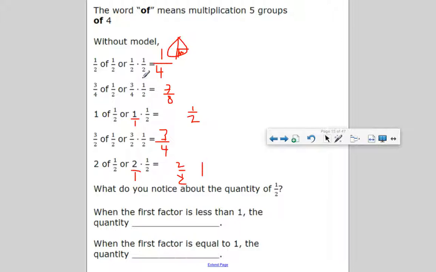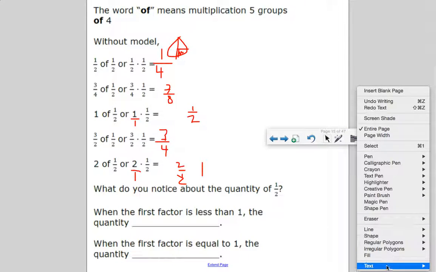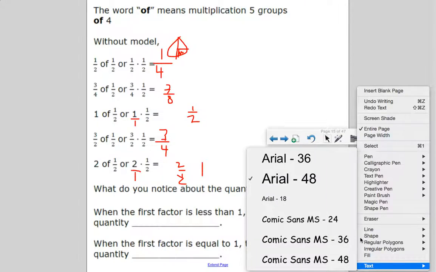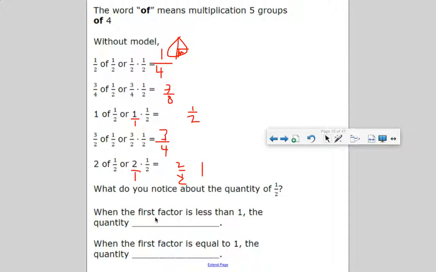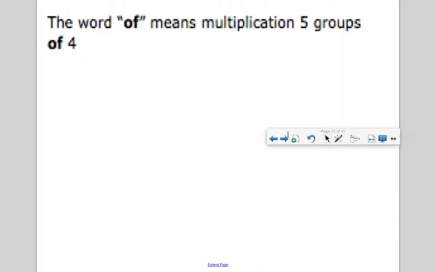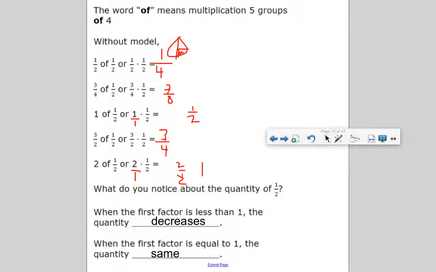When the first factor is less than 1, the quantity decreases. However, when the first factor is equal to 1, it stays the same. And when the first factor is greater than 1, the quantity increases.